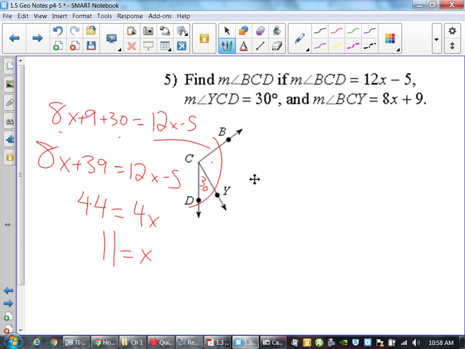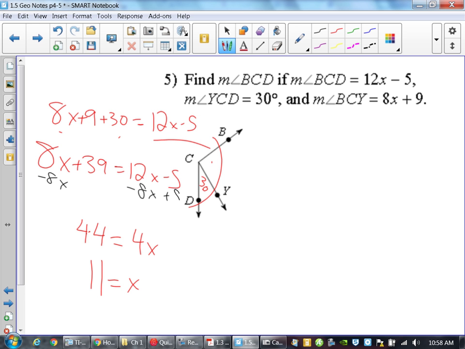And then it's just a matter of substituting back in. Subtract 8x, add 5. That's where I got all that. I just did it all in my head. And go from there. Okay?